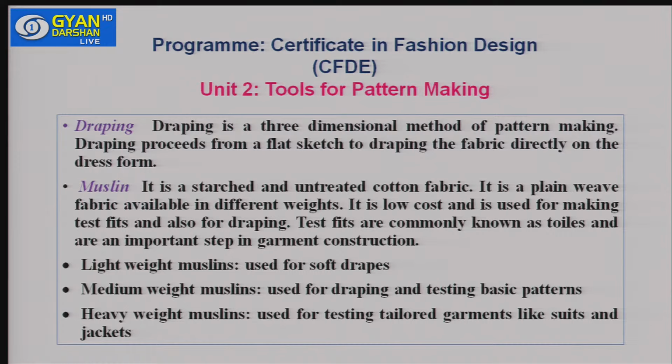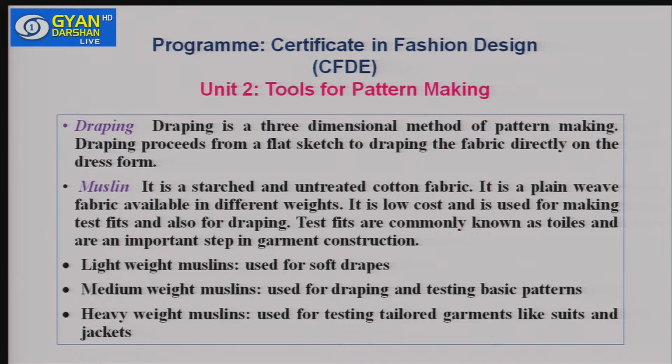Another term which you will come across is muslin, which we also used in the first unit when we were discussing. Muslin is a starched and untreated cotton fabric. It is a plain weave fabric available in different weights. It is low cost and is used for making test fits and also for draping.